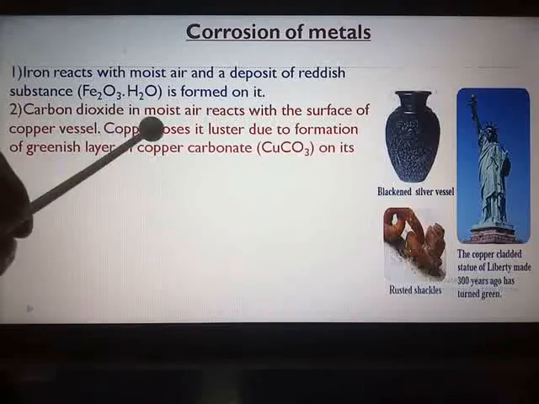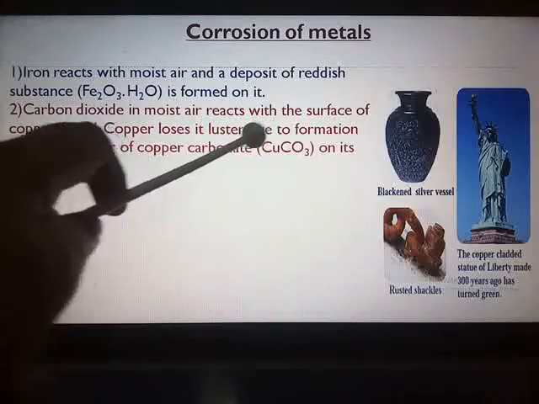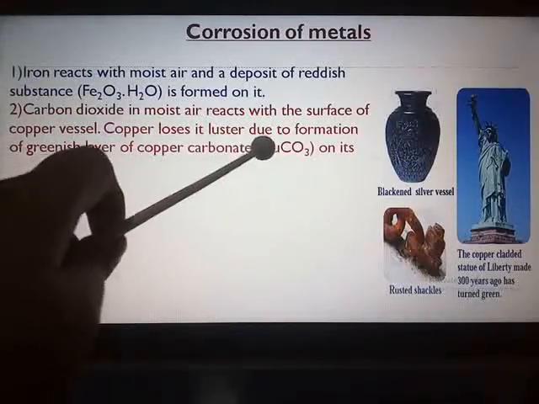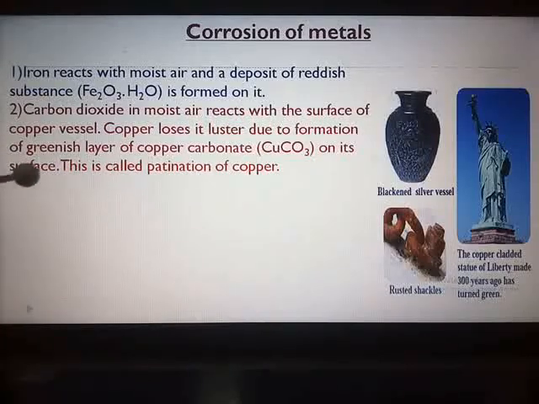So copper loses its shine or luster due to the formation of a greenish layer. It is the layer of copper carbonate, CuCO3, formed on its surface by reaction with carbon dioxide. This is called patination of copper. How to remove this layer, we will see in the preventive measures.